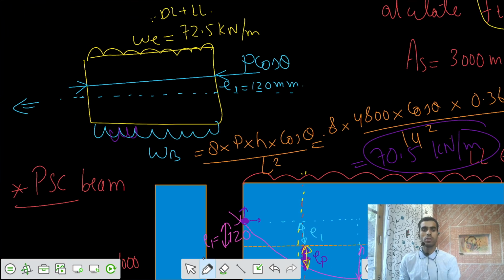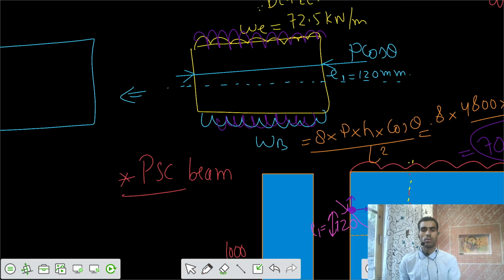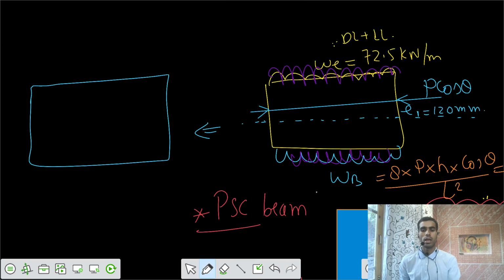This UDL is upwards 70.5, and there is the downward 72.5. So 72.5 is downwards and 70.5 is upwards. So the net value would be downwards, 2 kilonewton per meter.